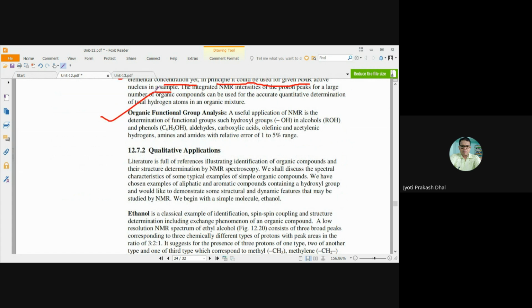Then organic functional group analysis. A useful application of NMR is in the determination of functional groups such as hydroxyl groups in alcohols and phenols, aldehydes, carboxylic acids, olefinic hydroxyl groups, acetylenic hydroxyl groups, or hydrogen in amines and amides, with an error in the 1 to 5% range.